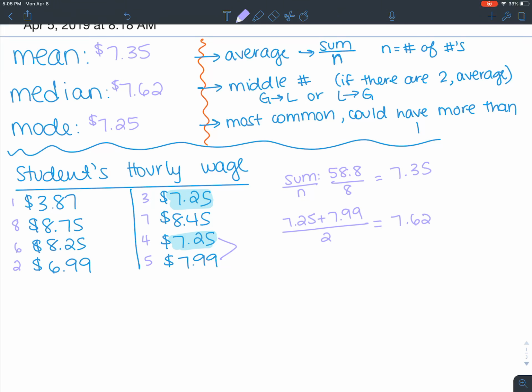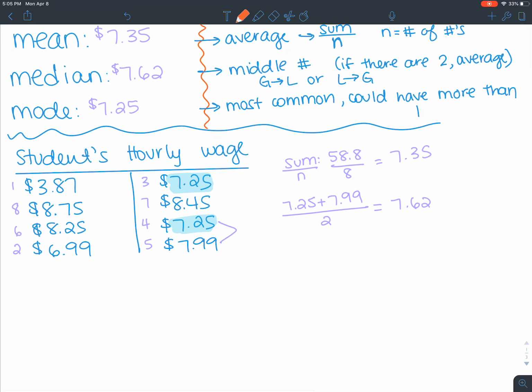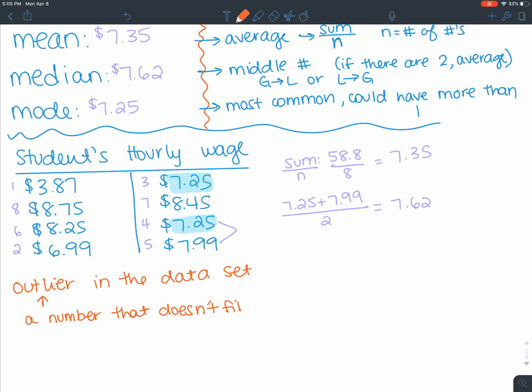So the mean is a little bit lower than the median. And you know what? That actually has something to do with the fact that there is an outlier in the data set. Meaning there is a number that doesn't fit in with all the rest. Meaning it's really, really high or it's really, really low.